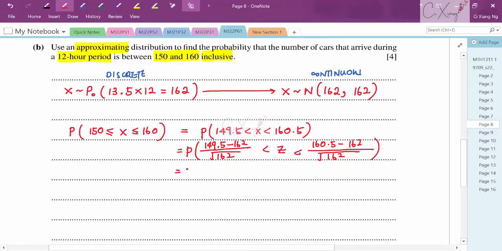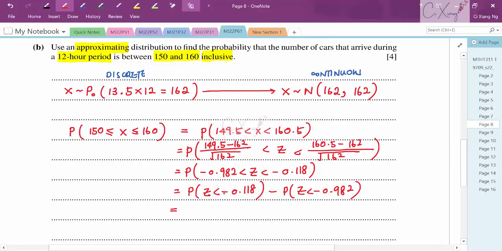All right, so from here, I'm having negative 0.982 and negative 0.118. Okay, so there are many ways for us now to find the area for this part. Generally, I'm using P(Z smaller than negative 0.118) minus P(Z smaller than negative 0.982).